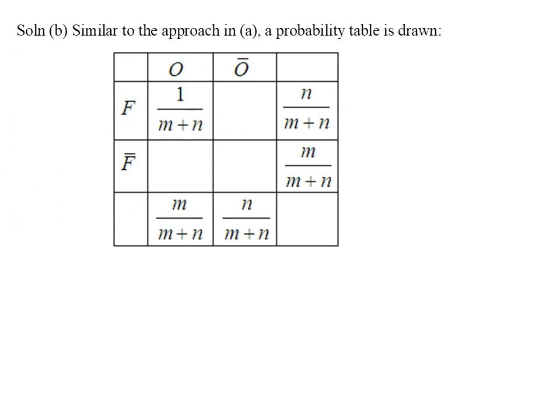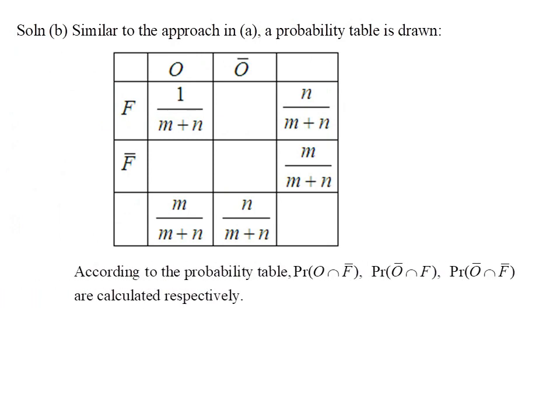table as shown here. Accordingly, the probabilities of PR of O intercept not F, PR of not O intercept F, and PR of not O intercept not F can be calculated based on the probability table. Here O denotes the probability of event required to change oil, while F denotes the probability of event required to change oil filter.